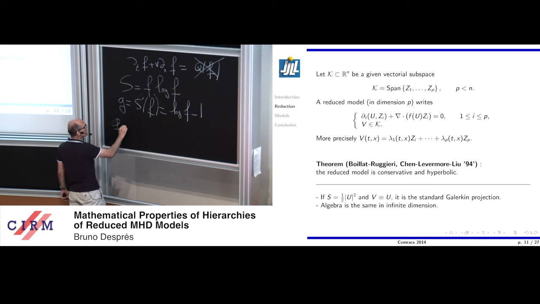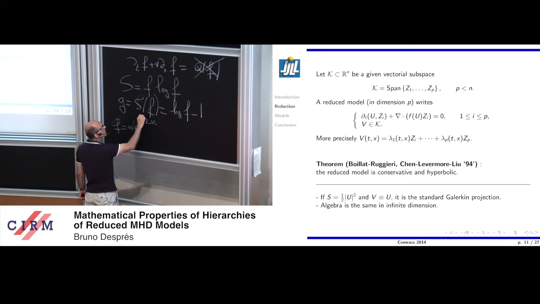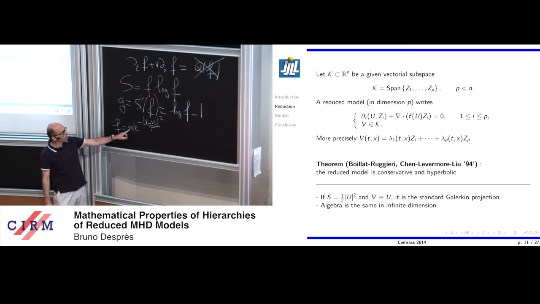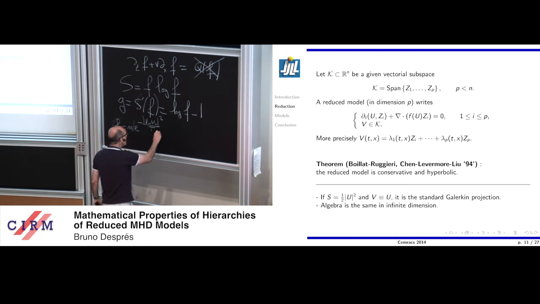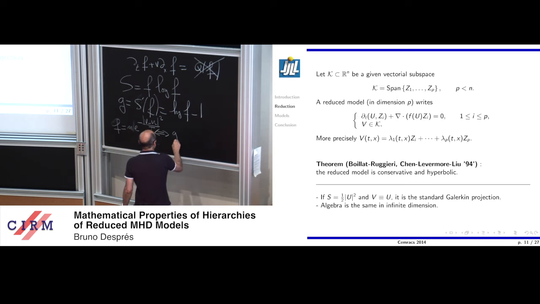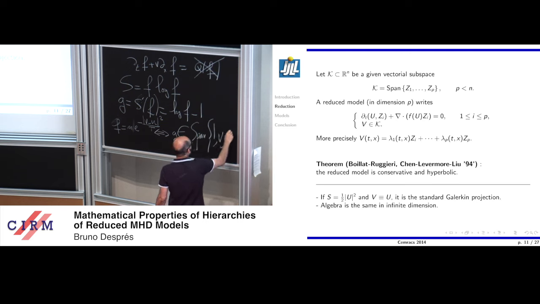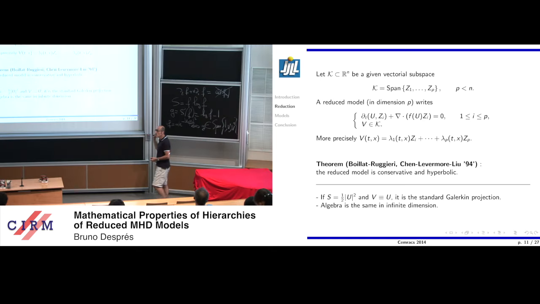F is a certain density times the exponential of something like that. Where we have three parameters: the density, the temperature, and the velocity. But you see, saying that F is a Maxwellian is equivalent to saying that J belongs, because you take the log, and there is just a constant, to the span of 1, V and V square. So in this case, this is K.